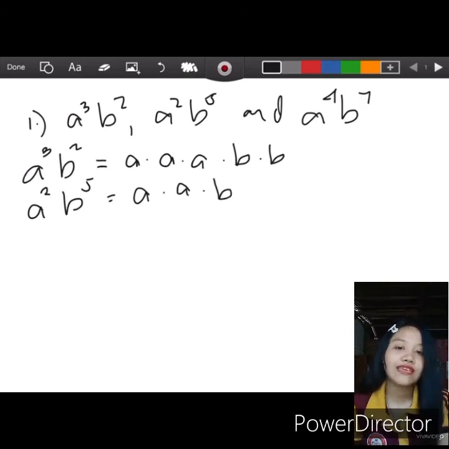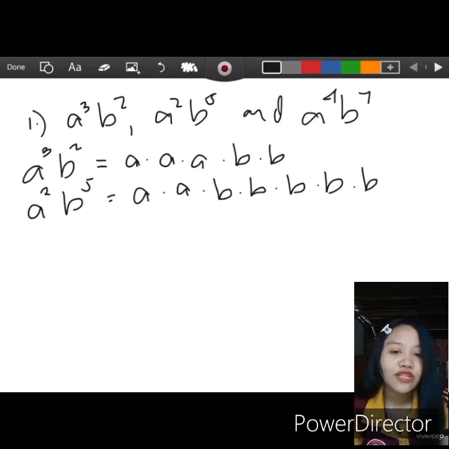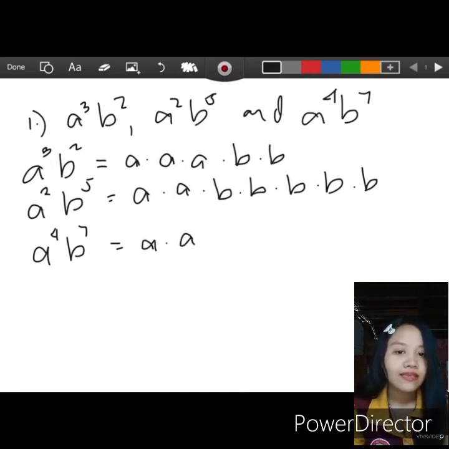And for the final term, we have a times a times a times a multiplied by b seven times, which will give us a raised to 4 times b raised to 7.